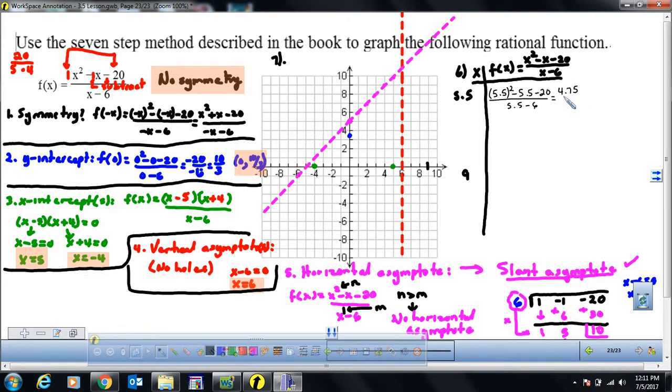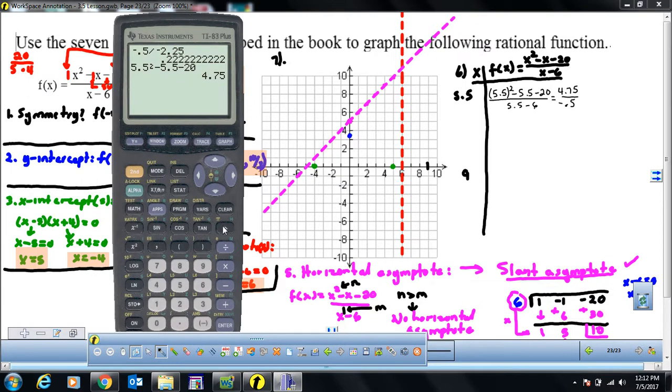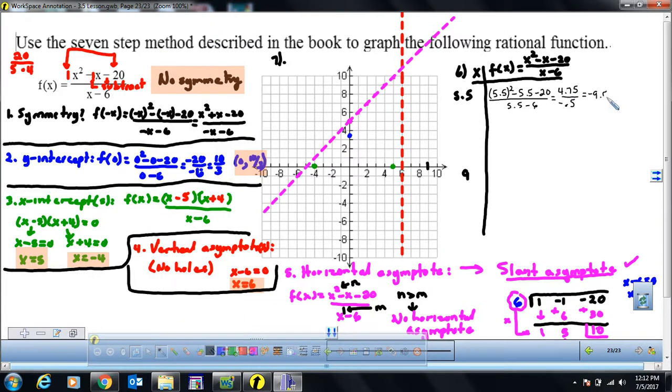Now 5.5 minus 6 is negative 0.5. So if I divide them, 4.75 divided by negative 0.5, that is going to give us negative 9.5. So you see that the first point is 5.5 and negative 9.5. Right here at 5.5, the value of y is going to be all the way down here at negative 9.5, which is somewhere right here in the middle.